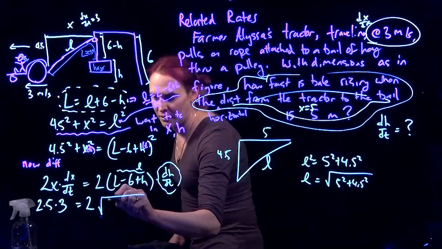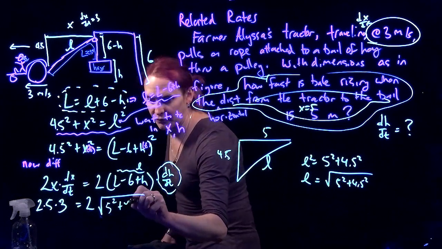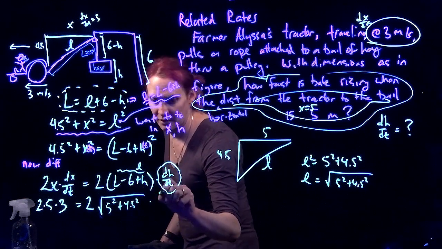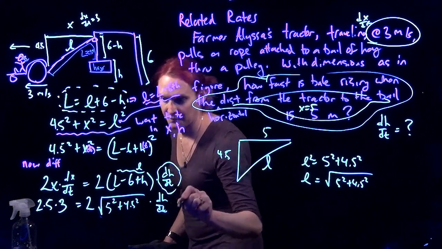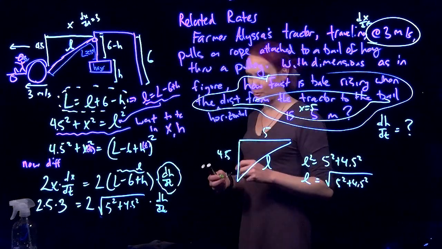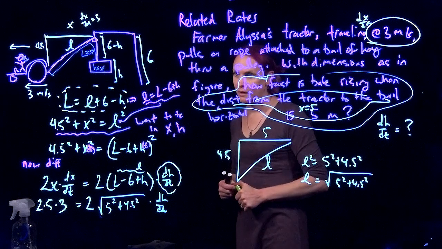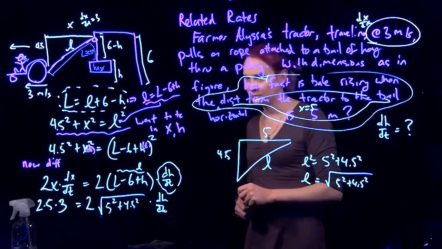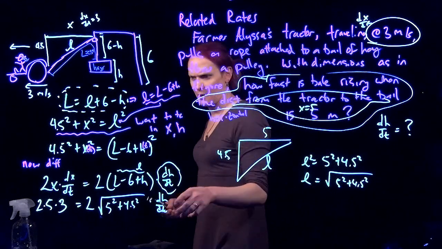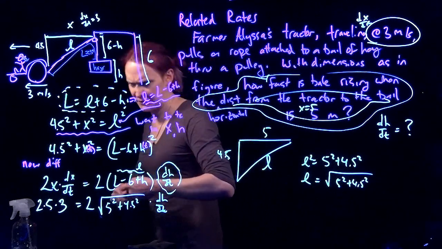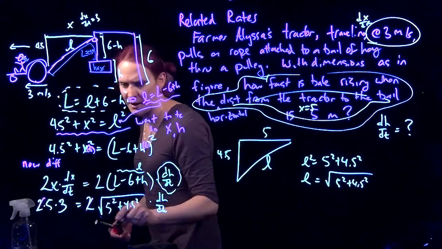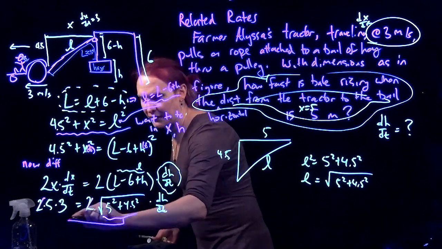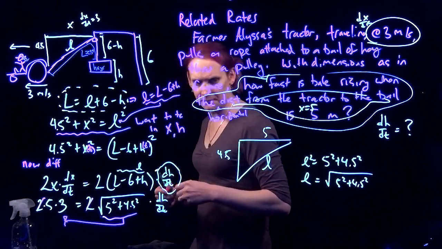Square root of 5 squared plus 4.5 squared. Oh, and we are so close. Okay, so let's cancel a 2, and then let's bring that to the other side.